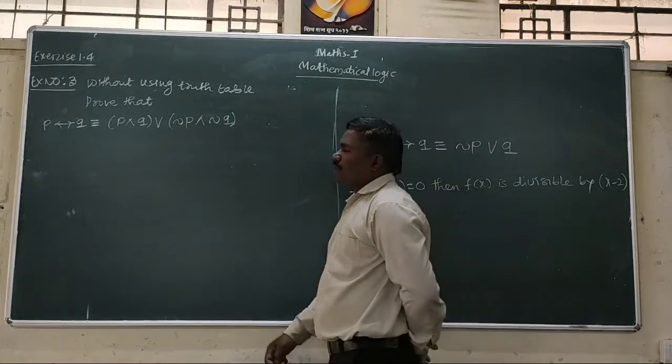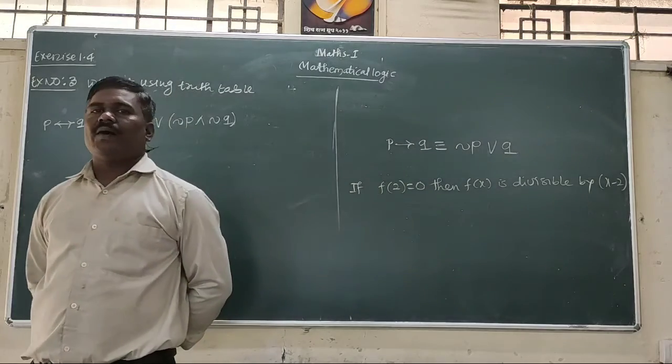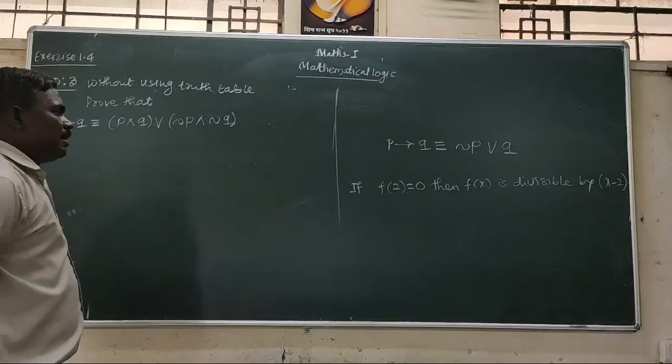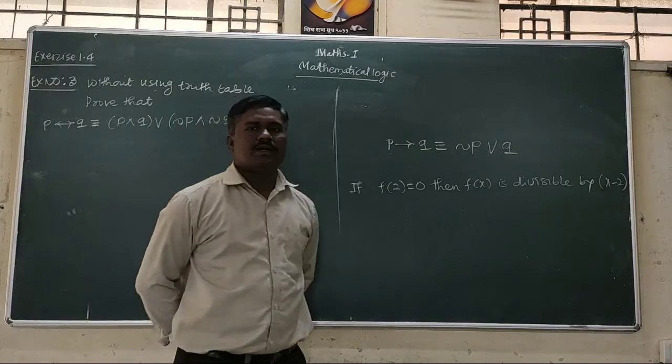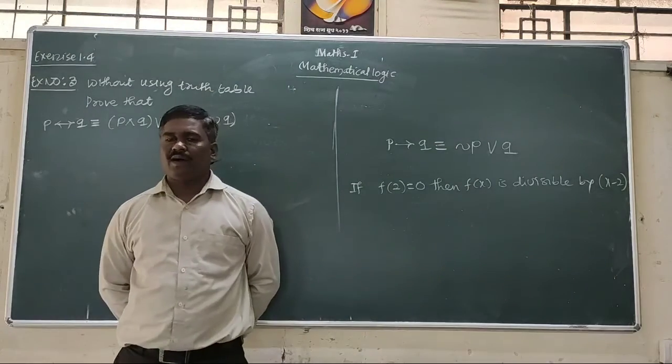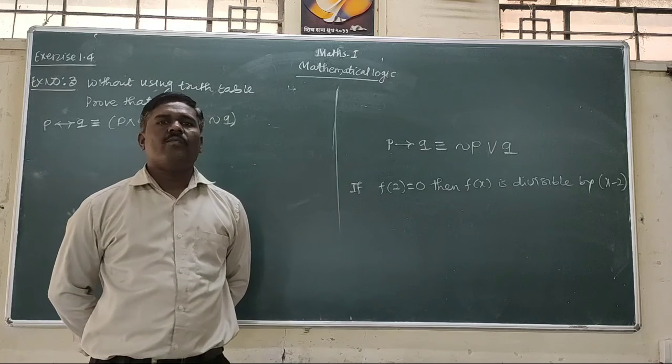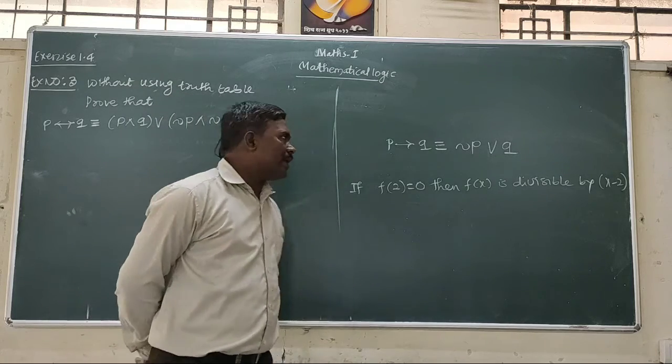Okay. Therefore, all of you know the law of idempotent, law of commutative, law of associative, law of De Morgan's, law of complement, law of identity, law of conditional statement, law of biconditional statement. Okay.